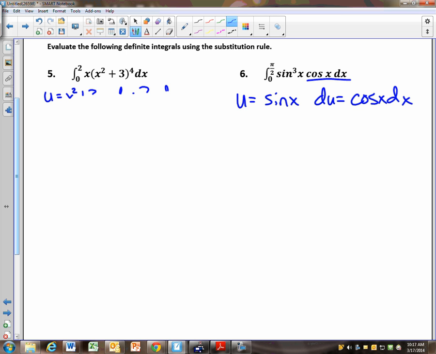So I have my new integral of u to the third du. And what will my bounds be? Sine of 0 is, my goodness. All right. Sine of 0 is 0. Sine of pi over 2 is 1.